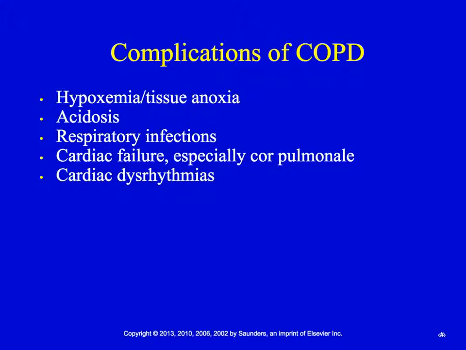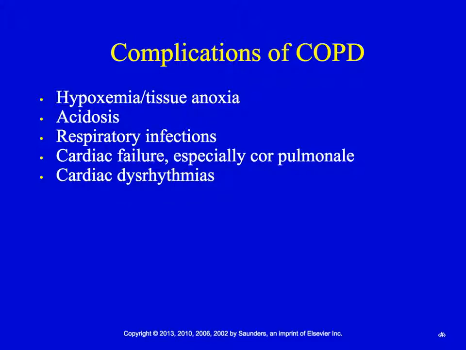So if they're retaining it in their alveoli, they will become acidotic. And we know that our body does not like an acidic environment. Our body fights to get a neutral pH. So that's where we'd like to be. So that's why the body will fight to try to compensate if the patient is retaining a lot of CO2.